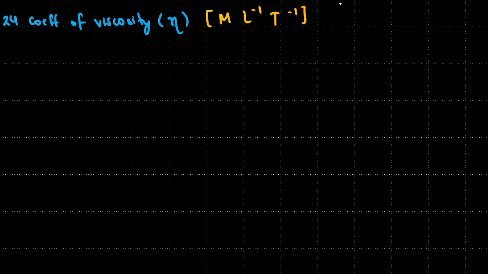It is F divided by dv by dr, that's the velocity gradient, times A, which is area. Pretty complex formula, but it comes from Newton's formula that you will learn in a later chapter. I will teach you that. But right now, let's move to another one.